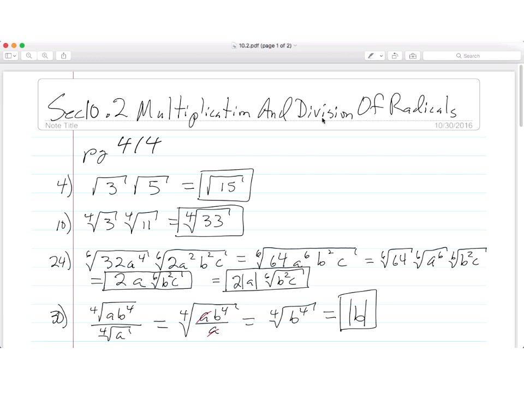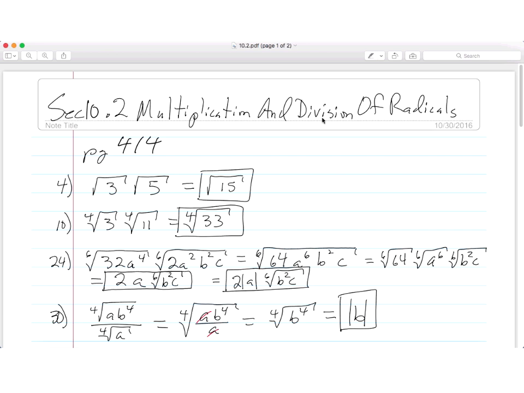Therefore, if you have two radicals with the same index and you multiply them, all you have to do is multiply the radicands together and take the same radical.